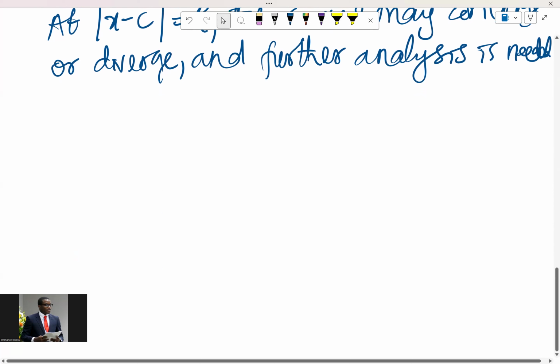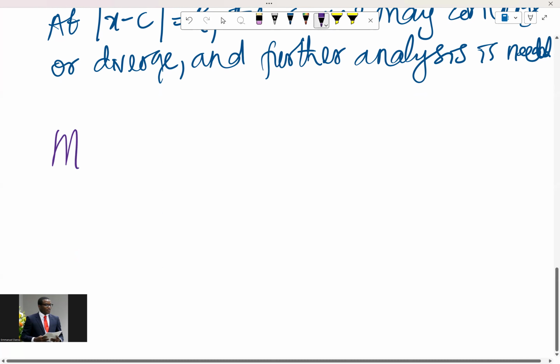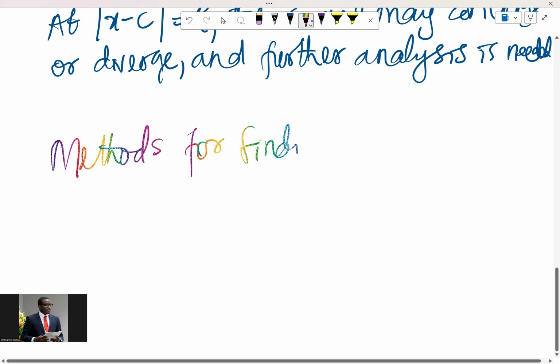So let's talk about methods for finding the radius of convergence. Of course, the methods are just the same as the methods for testing for convergence.